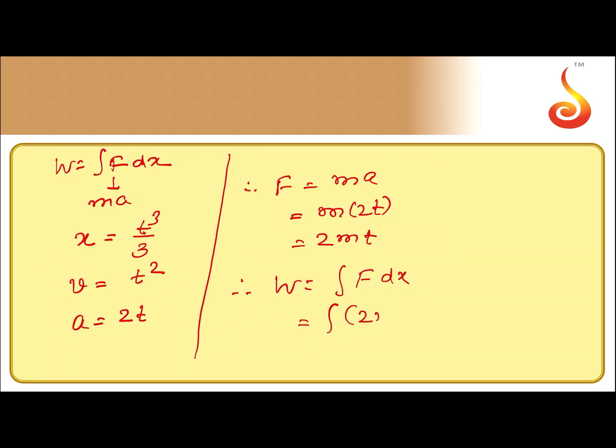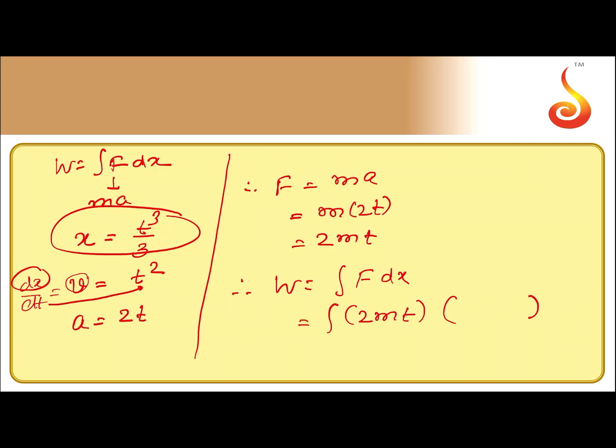Now work done is equal to integral F dx, integral of 2m t dx. Now we know that x is given to us, so v is nothing but dx divided by dt. Therefore, dx is nothing but t squared dt. What are the limits? 0 to 2.